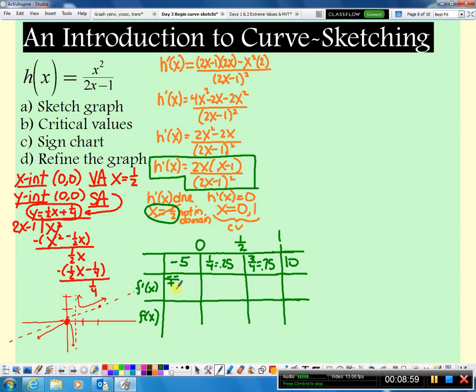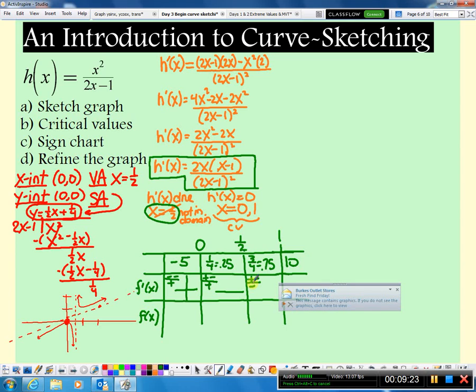When I plug in 0.25, 2 times 0.25 is positive. 0.25 minus 1 is negative. The bottom's always positive, so my result there is negative. Plug in 0.75, so I'm going to get 2 times 0.75 positive. 0.75 minus 1 is negative. The bottom's always positive. No sign change. And you know what?